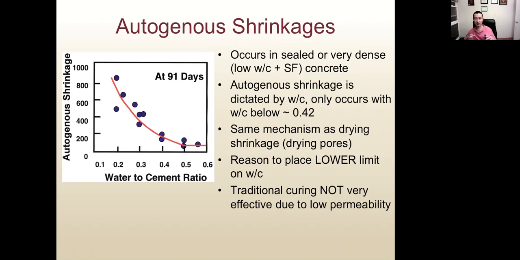Even if we provide water curing from outside, because the concrete is so dense, this water may not penetrate deep enough to relieve the drying of the pores. So that's the problem for some high strength concrete. Some high strength concrete will crack due to autogeneous shrinkage, and traditional curing is not very effective.